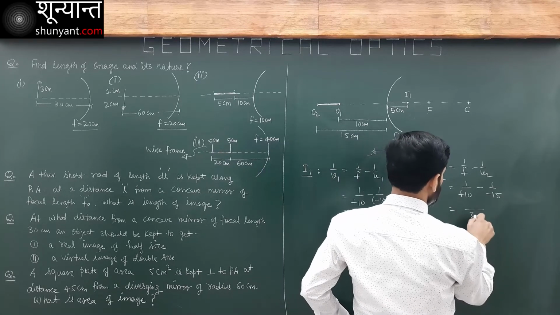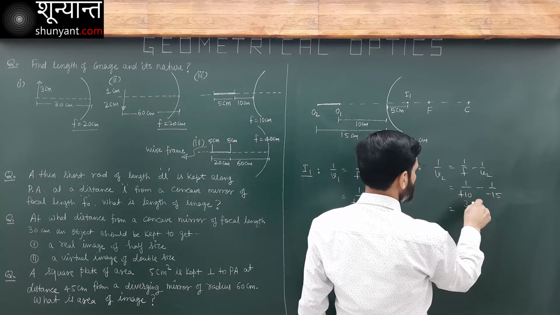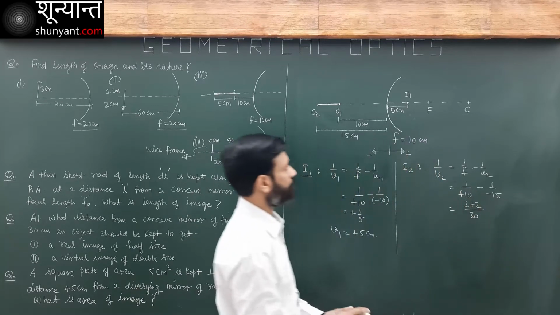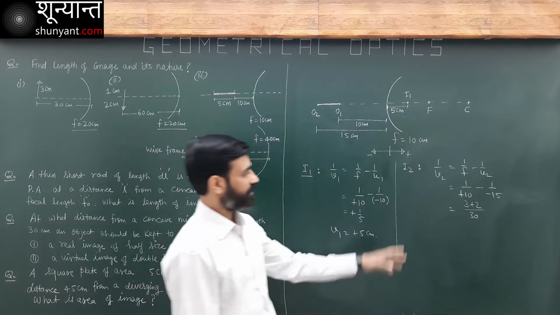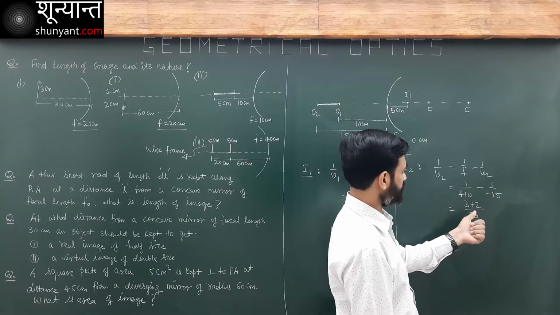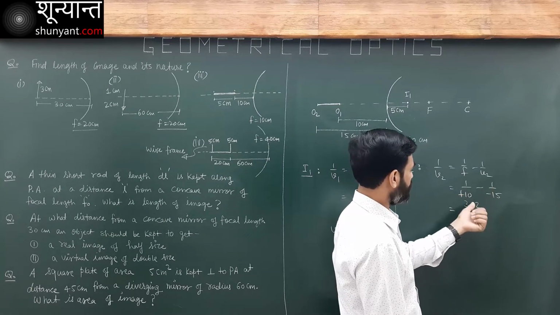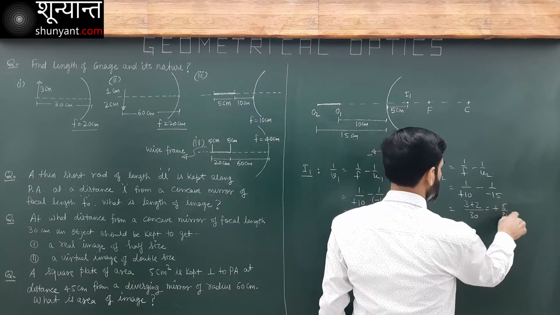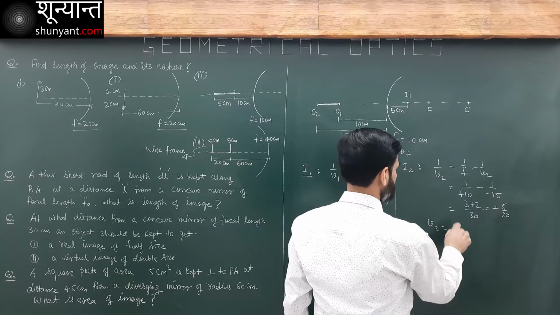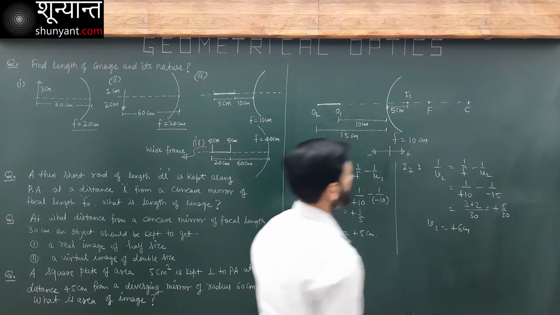This is going to be 30. So this is 3 plus 2. What do you think? 3 plus 2, going to be positive here. So 30, 3 and 2, 5. 5 over 30. So plus 5 over 30. So V2 is plus 6 centimeter.